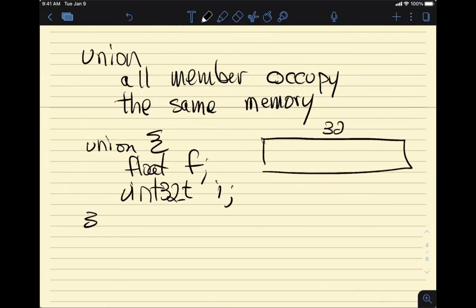So here's 32 bits. When you refer to it as F, it's a single precision number. But when you refer to it as I, it's an unsigned int, and it's just raw bits. They're both here, F and I are both here. How you interpret it depends upon which one you're referring to.